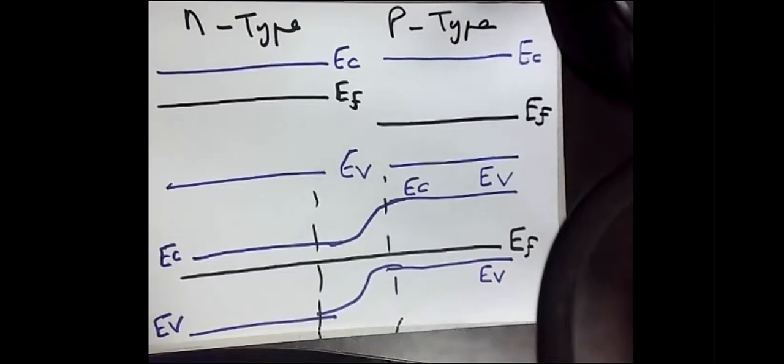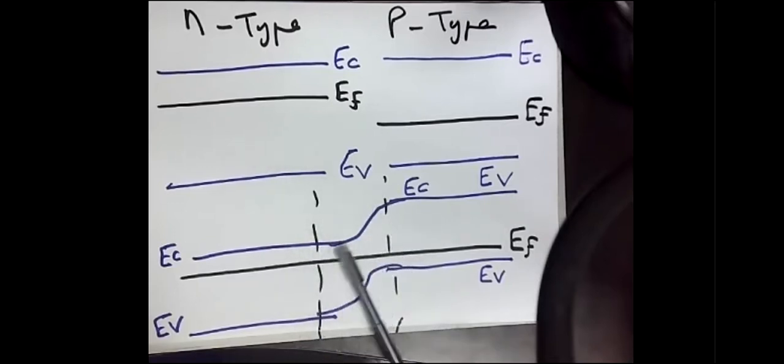However, we did not apply any type of potential, and you can be quite sure of that because the Fermi level is horizontal. That's why we call this potential the built-in potential. I'm quite sure that you have already heard about this built-in potential three years ago in your first semester in Electronics 1. So this is typically the built-in potential in a p-n junction.